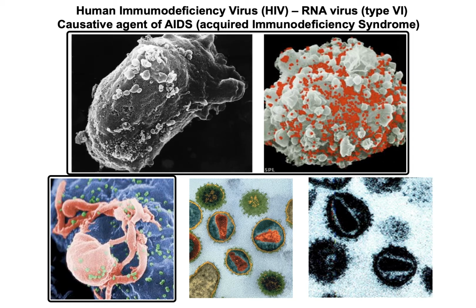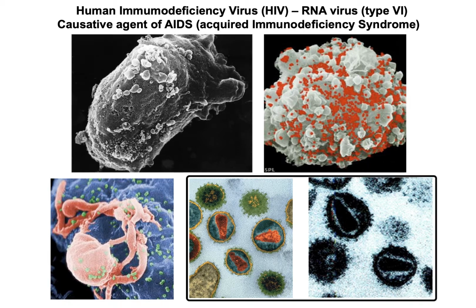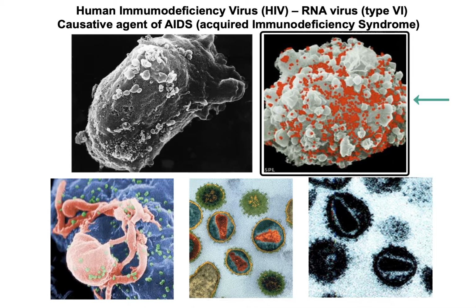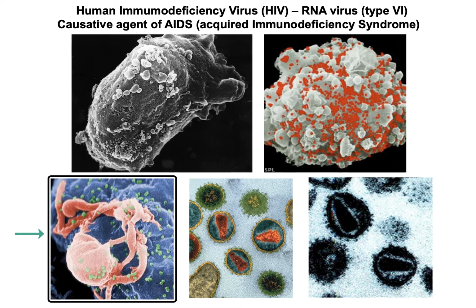These are scanning electron micrographs and transmission electron micrographs of HIV. Here they are coding a T cell on the top over here. You can also see the tiny green particles. Those are the HIV particles on the cells. These are false colors, so they're not colored green.